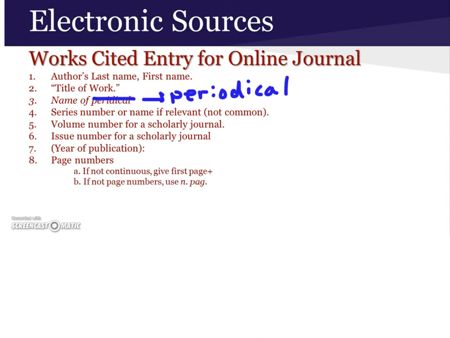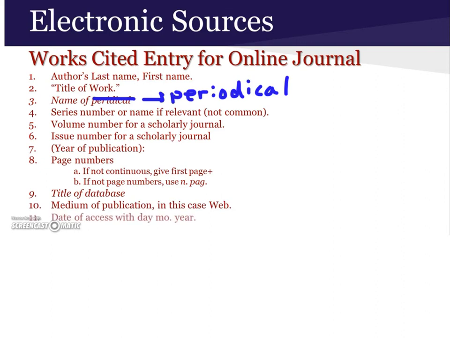If there are no page numbers, you use in italics n. pag. Then you give the title of the database in italics, and then the medium of publication, in this case web, the date of access with the day, the month, and the year, and then if your instructor requires the URL, you give the URL.